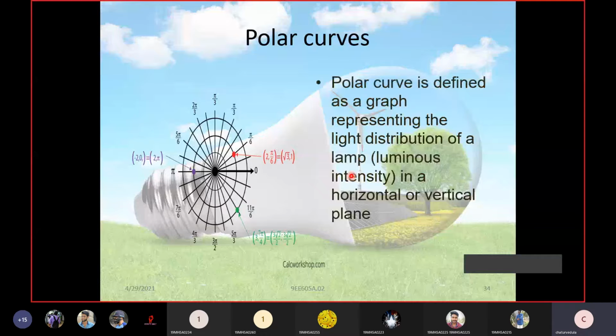What is the definition of a polar curve? It is a graph that represents the distribution of light or luminous intensity, specifically the luminous intensity in the horizontal as well as the vertical planes. That distribution is observed by using polar curves. We draw the polar curve by observing the luminous intensity at every angle.